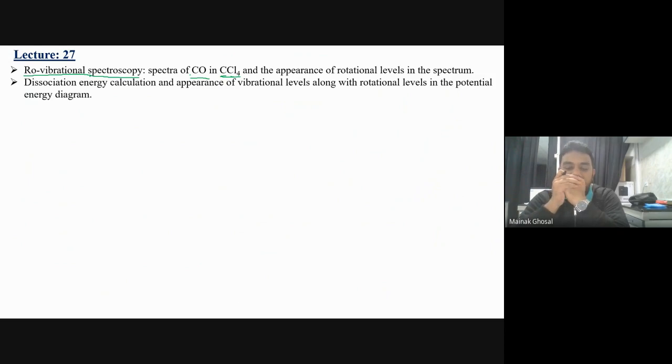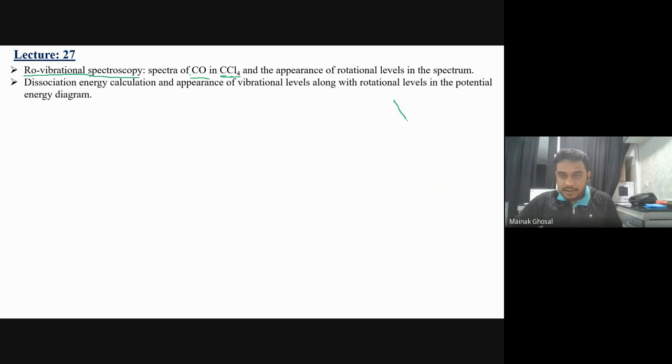This explains that the rotational energy levels are quite close to the vibrational energy levels. So for any transition there is an electronic energy level, under which there are vibrational energy levels, under which there are rotational energy levels.